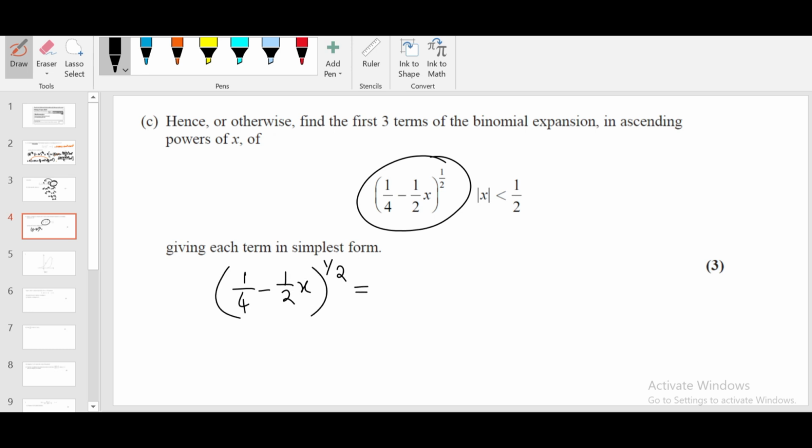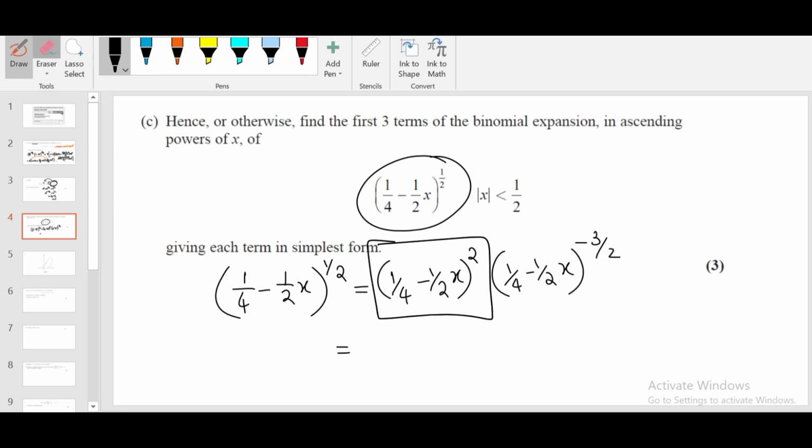from the previous part we can write this as 1 over 4 minus this power 2, 1 over 4 minus this power negative 3 over. The first one is a minus b whole square. So I'm going to expand it.